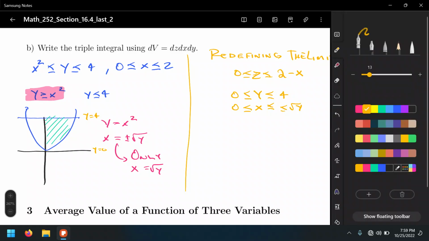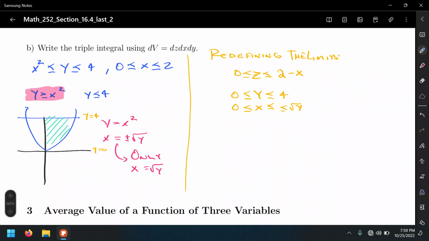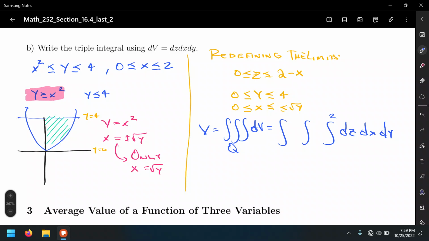So that's the volume we want, the triple integral dz, dx, dy. z, which is a function of x and y, in this case only contains x: 2 minus x, and 0 below.